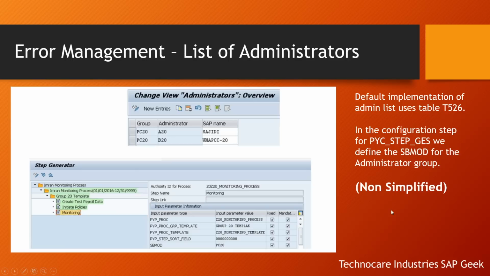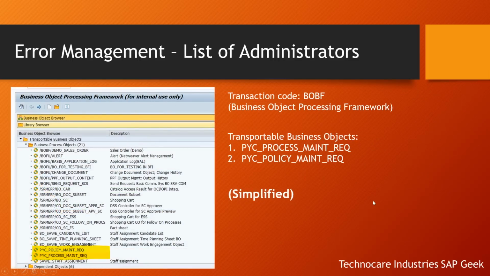Now let us move on to simplified configuration. As I told you, in simplified configuration we can assign administrators in the front end. There is a transaction BOBF, the business object processing framework.